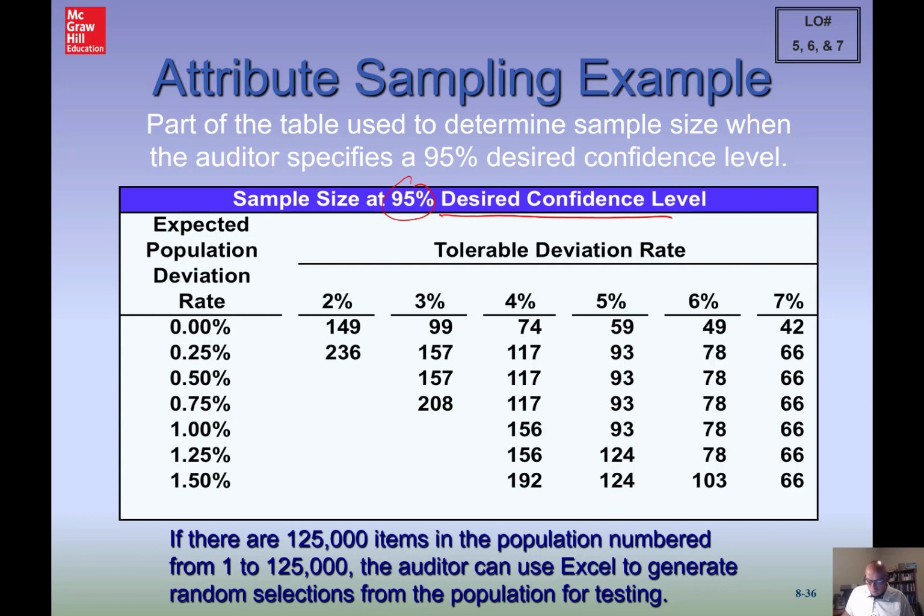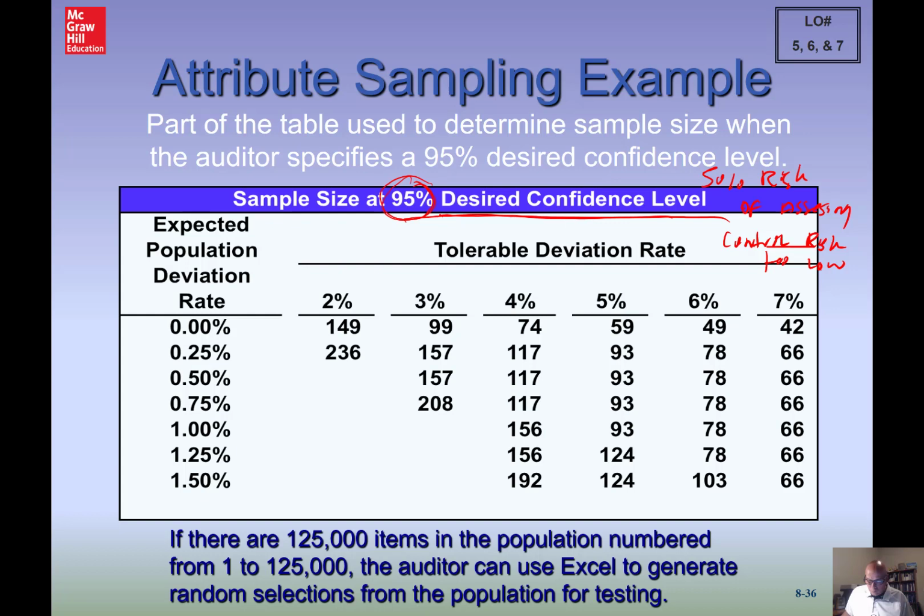They could call the table 5% risk of assessing control risk too low. Okay, so we know that that's corollary to the 95% confidence level.